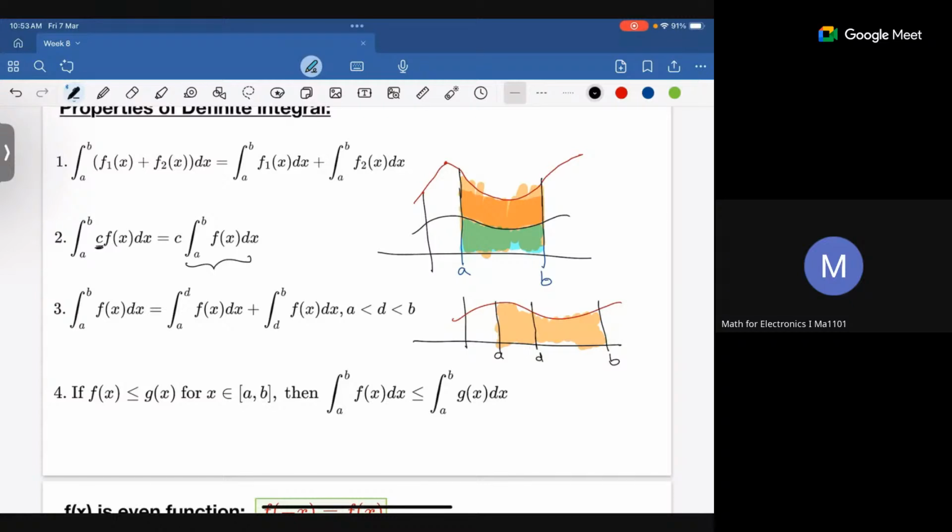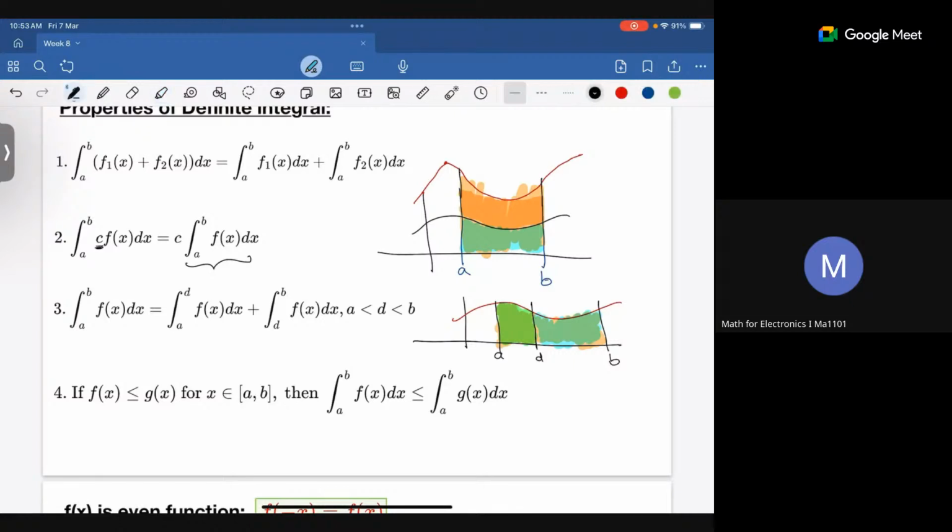You compute this definite integral, which is this area, and then this definite integral, and then add them up. So this plus this will give you the whole region, right? Therefore property 3 also makes sense. So you can split the integral.